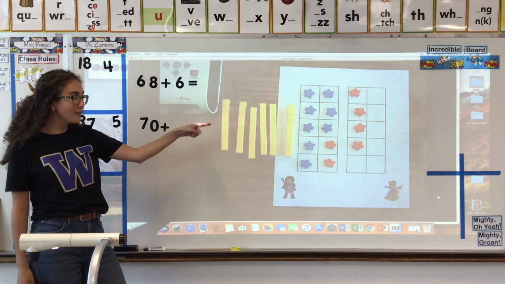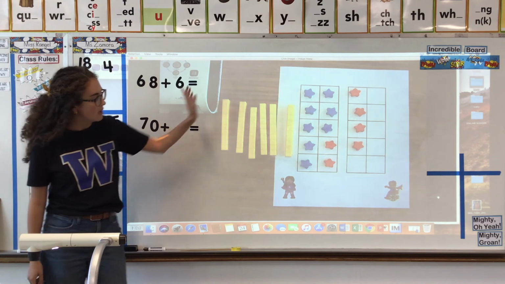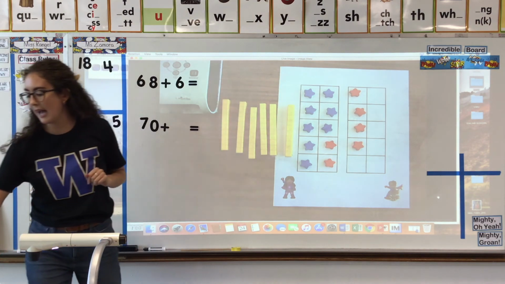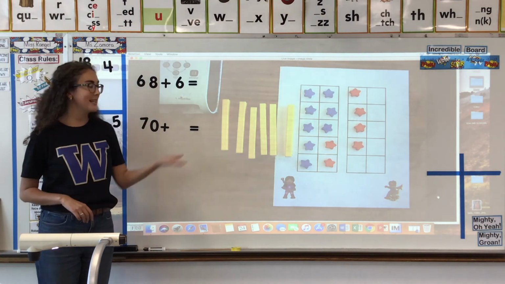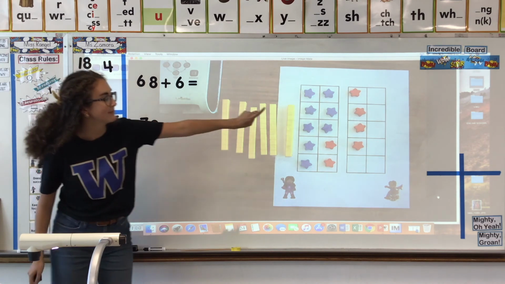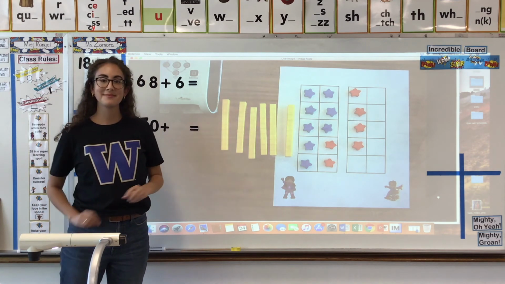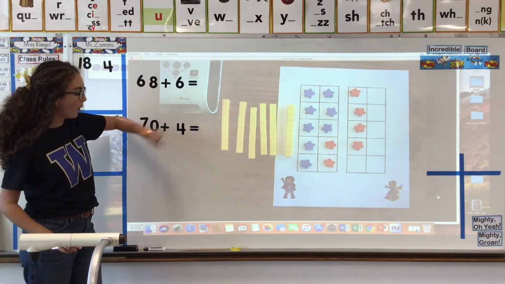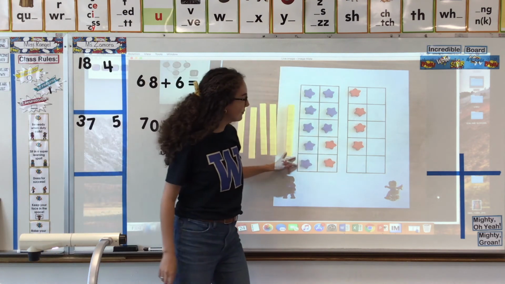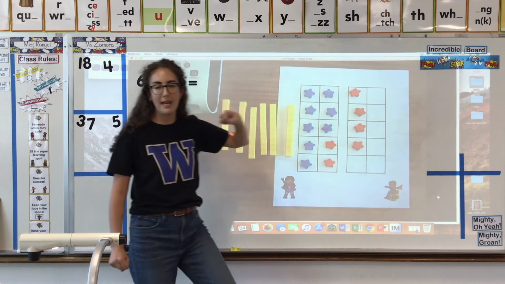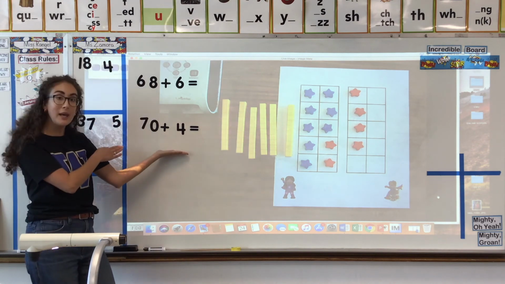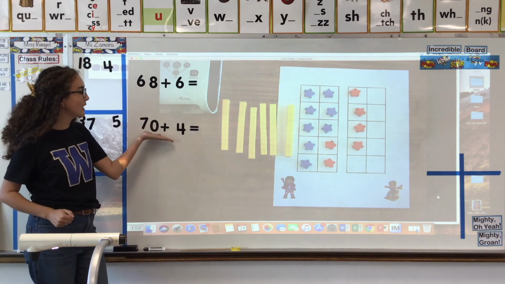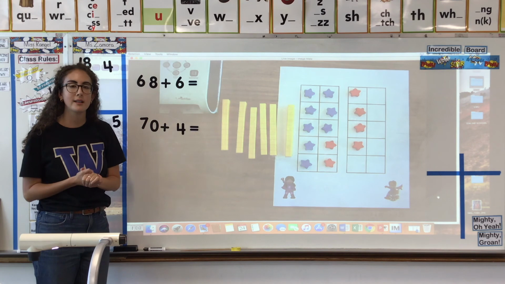So after we made our 10, what's left over to add? What do we still need to add to this? A 4. We have our 10s, and then 4 ones are remaining. So we created the problem 70 plus 4.